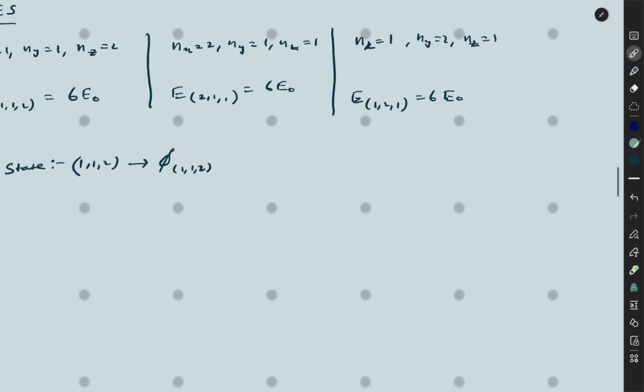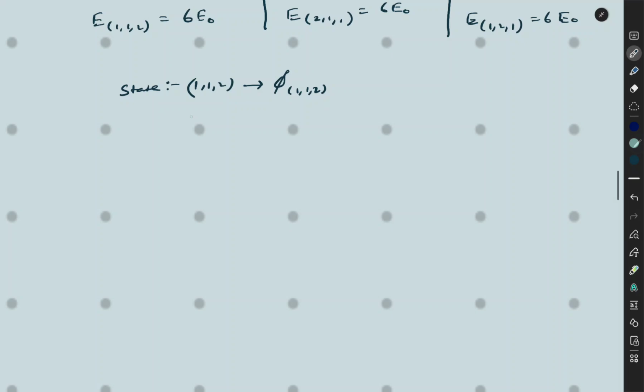So this is a different wave function. And for state 2, we consider 2, 1, 1. It represents phi of 2, 1, 1. And thirdly, we have taken 1, 2, 1, which represents another wave function, phi of 1, 2, 1.